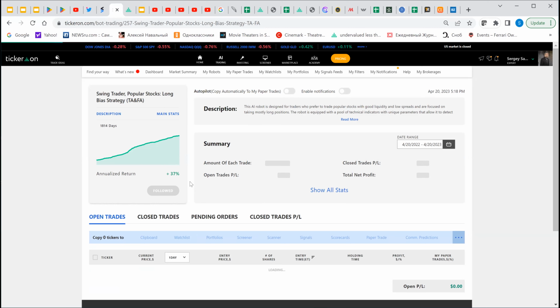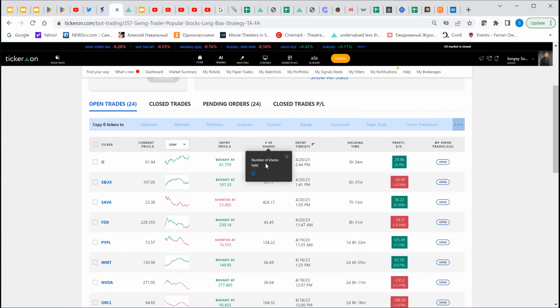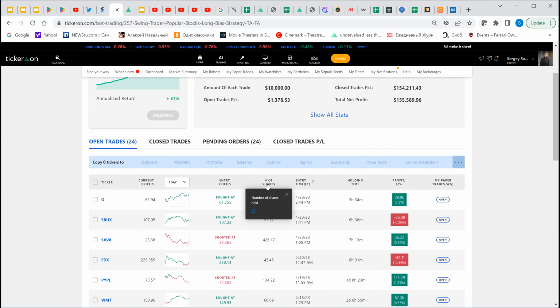Okay, here's where you see much more information. First of all, you see the amount of each trade for signals only. It is always 10,000, okay? And what you have here is open trades, closed trades, pending orders.